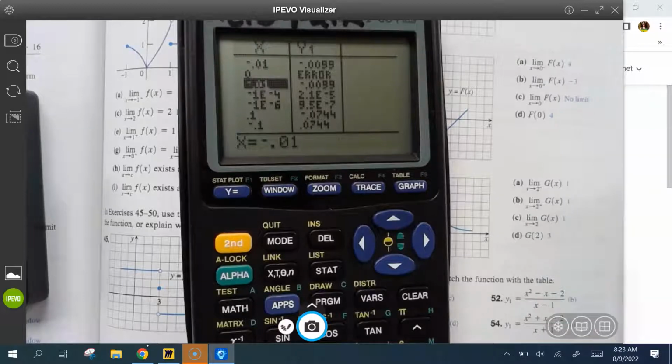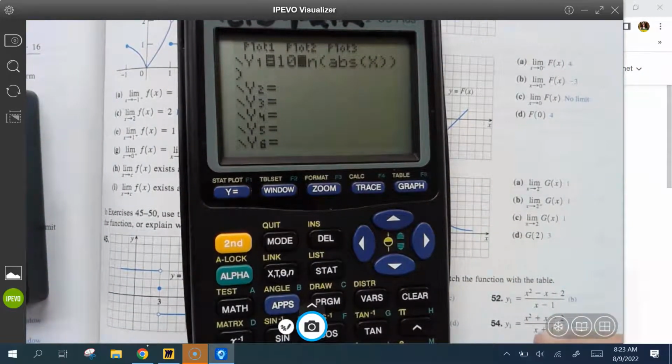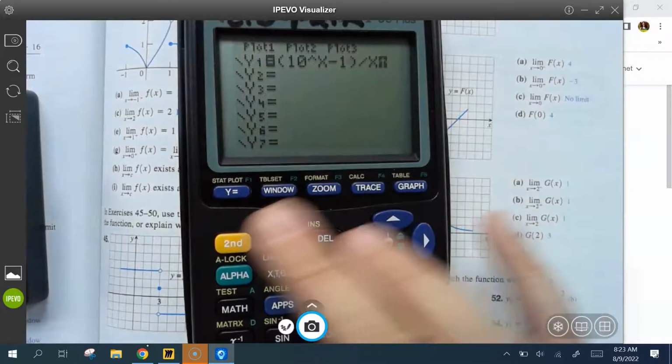What else? 19? 10. Oh, that's the fraction. 10 to the x minus 1 divided by x. Should have a vertical asymptote at 0, right? So the question is, what am I approaching from either side of that, which is what I'm looking at in the table.